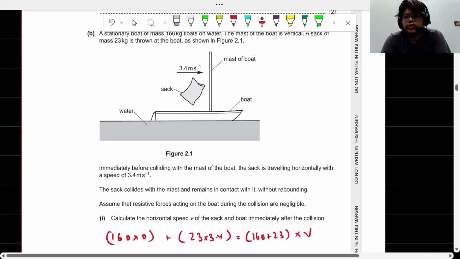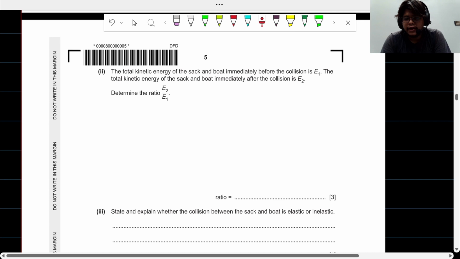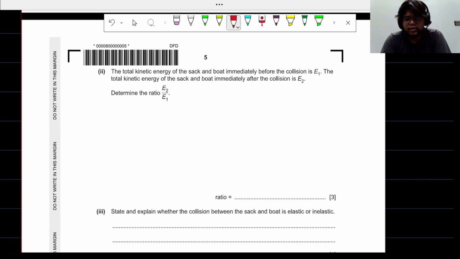Only the sack has speed, so E1 equals half times 23 multiplied by 3.4 squared. The kinetic energy before is only due to the sack.